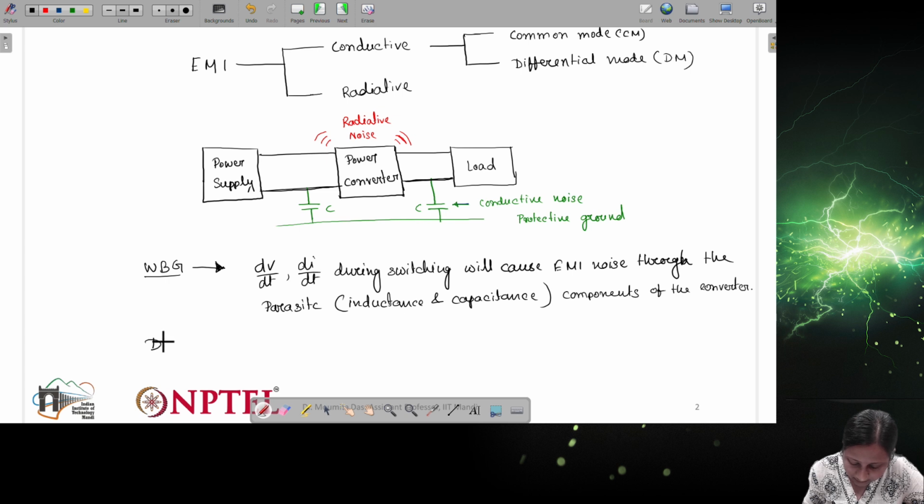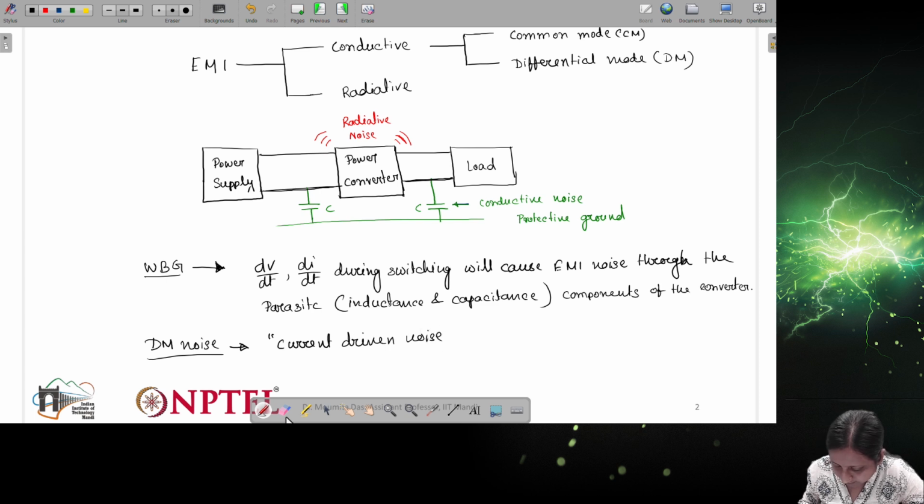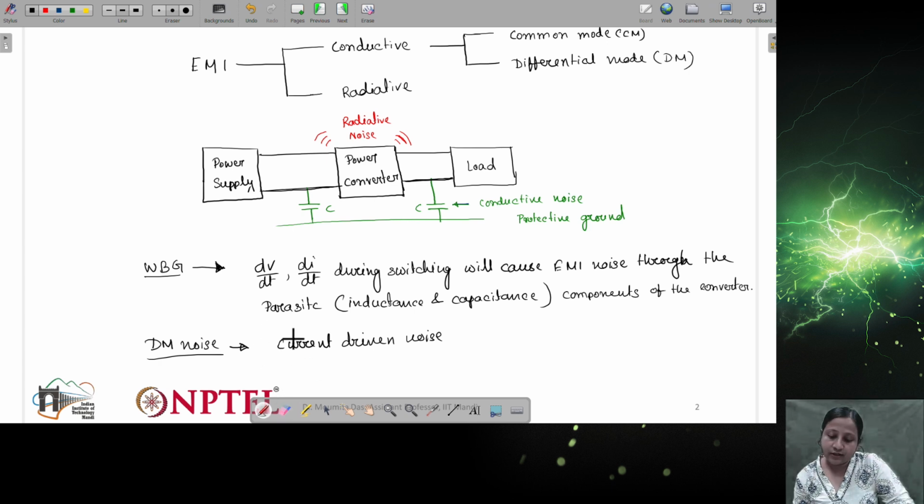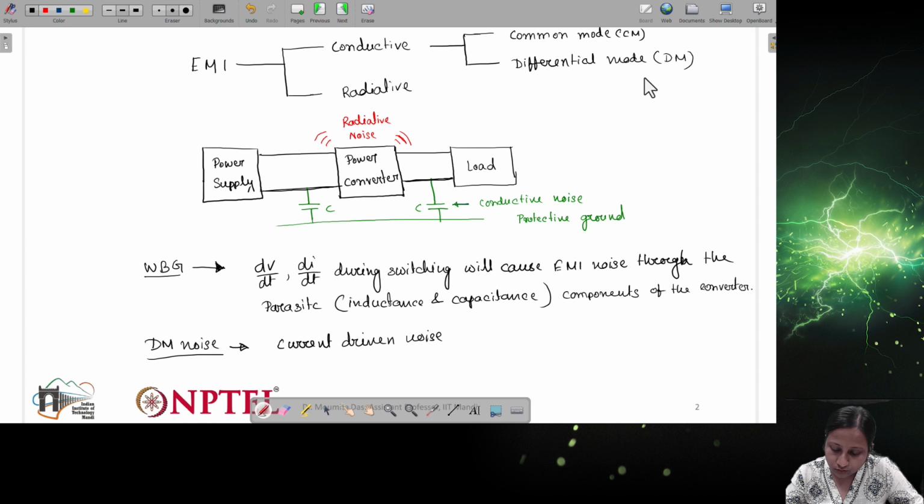So then DM noise is basically current driven noise. Right, this is current driven noise. Why is it current driven noise? Because when we are saying DM noise, what will happen is due to change of current, meaning didt.